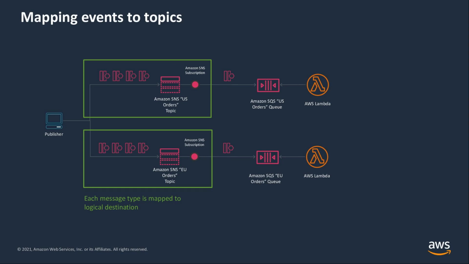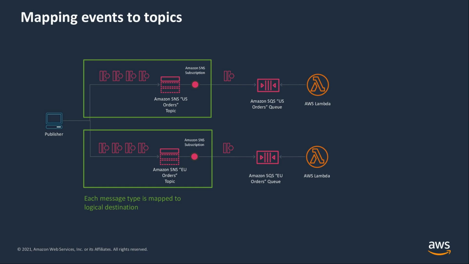Say you consider a situation where you want to handle US orders and EU orders separately in this fictitious e-commerce system. If you use the default setting, the responsibility of sending the message to the right topic would be on the publisher, which really isn't what we want. The idea behind an event router is to have publishers send messages to the router and have the logic within the router to send to the right consumer. And that's what we learned with Eventbridge.